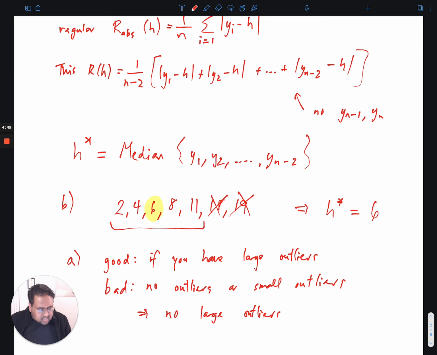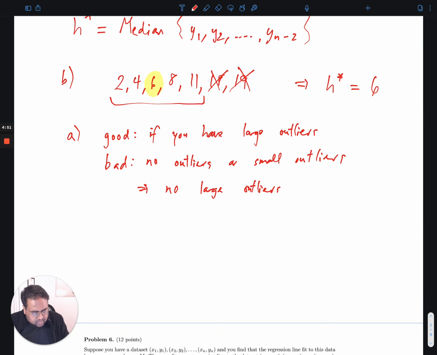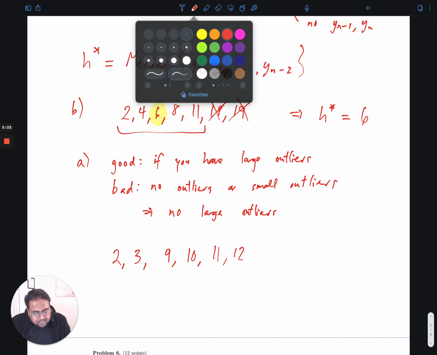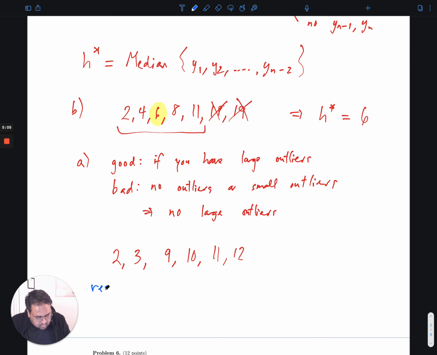Let's illustrate what might happen with an example. Let's pretend we have the data set 2, 3, 9, 10, 11, 12. If we just minimize regular mean absolute error for this data set, what's the H star that we're going to get?